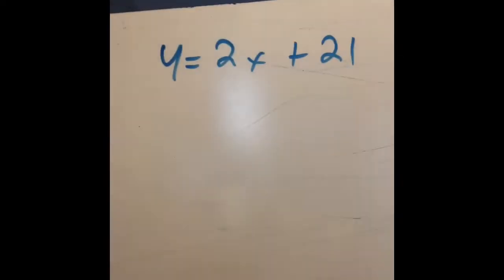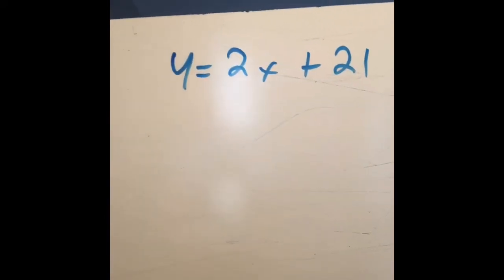I found the slope by using the slope equation. And my slope is my rate. That's cost per class. That's $2. And my membership is 21.